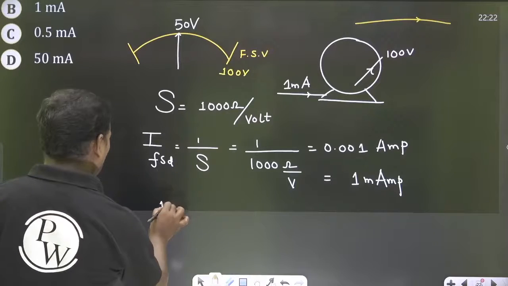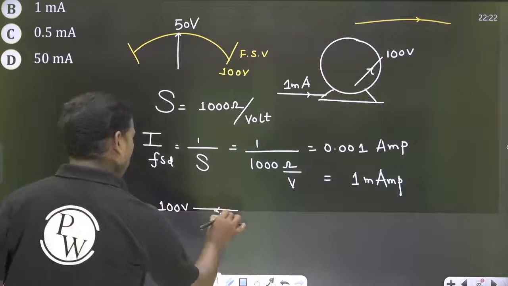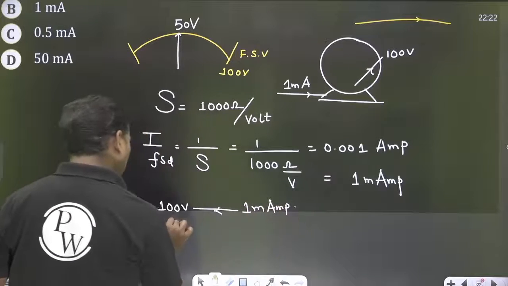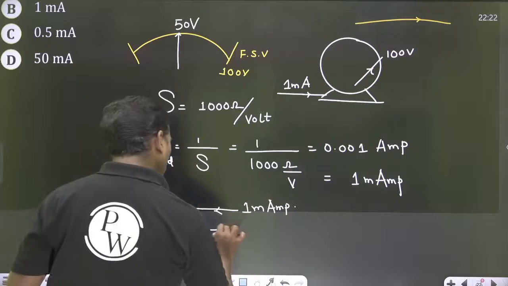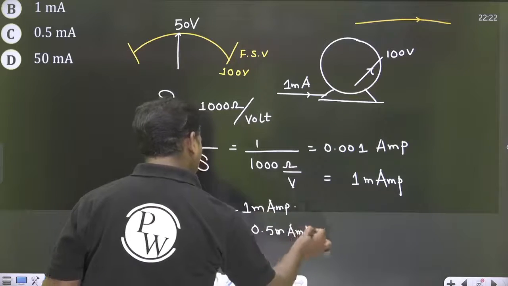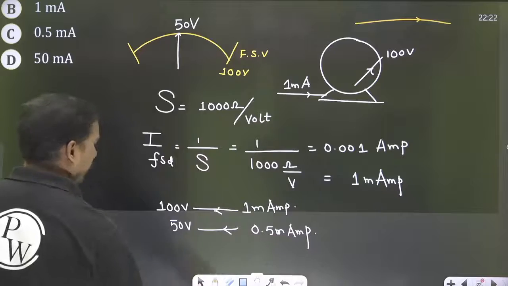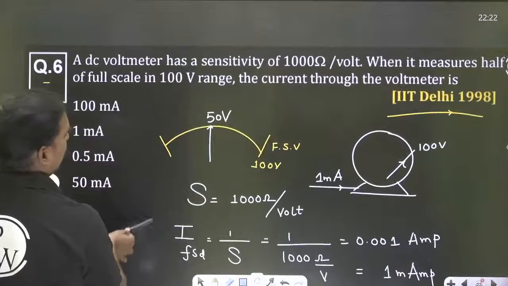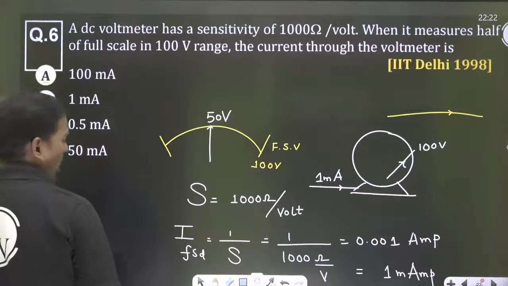For 100 volts, if you require 1 milliampere, definitely for 50 volts, how much? 0.5 milliampere, half of it. So he is expecting 0.5.